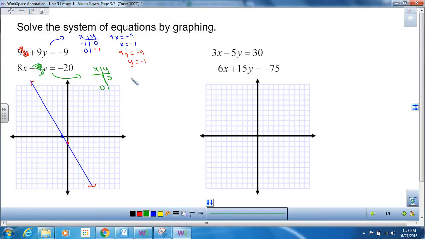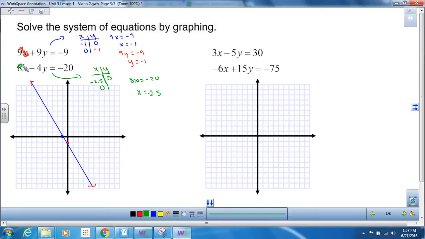So you get 4x equals negative 20. Okay, so it's okay to get a decimal. I mean, they're a little bit harder to graph, but this one won't be too bad because you get negative 2.5. Okay.